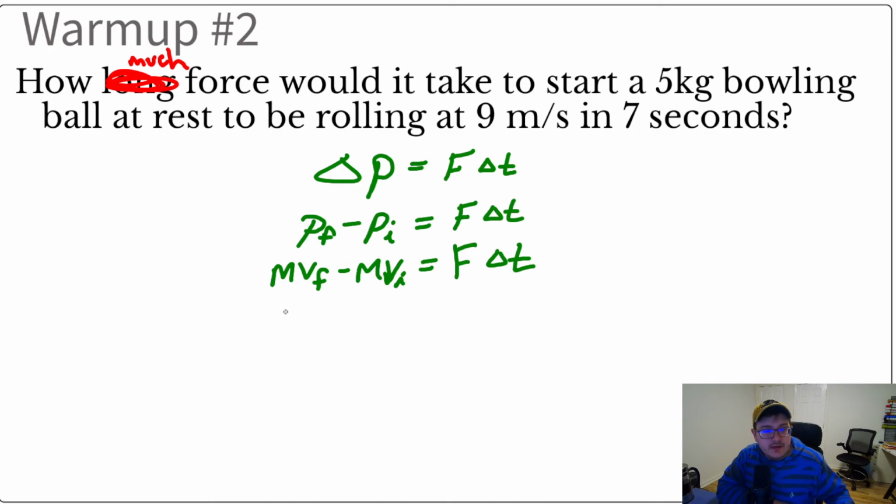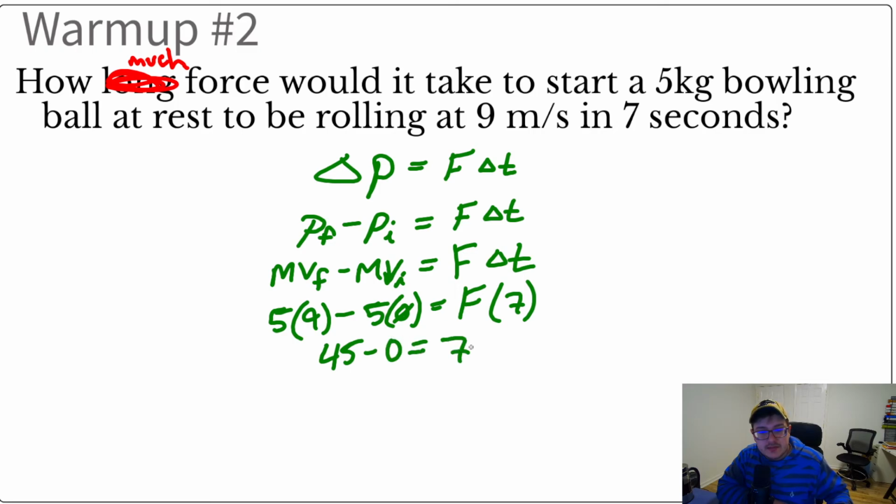Mass is going to be 5. Final velocity is 9. Initial velocity is 0 since it's at rest. We're looking for force, and that time is 7 seconds. So 5 times 9, that's going to be 45 minus 0 equals 7F.